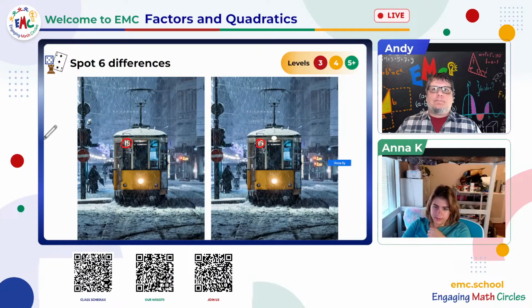There is one missing, an extra sign. A red light camera disappeared. The umbrella turned into a newsstand or something.